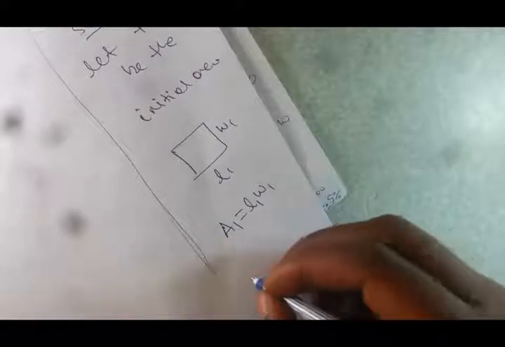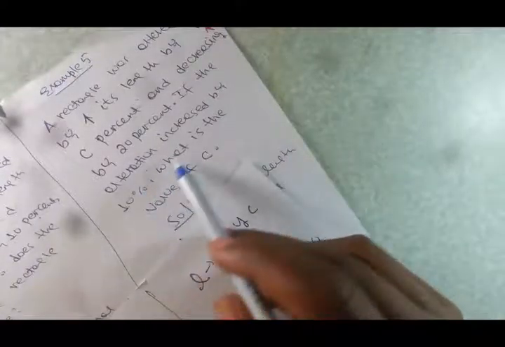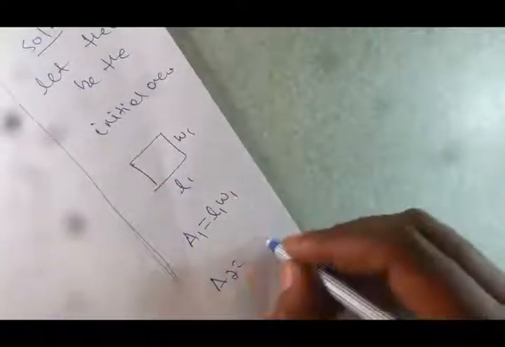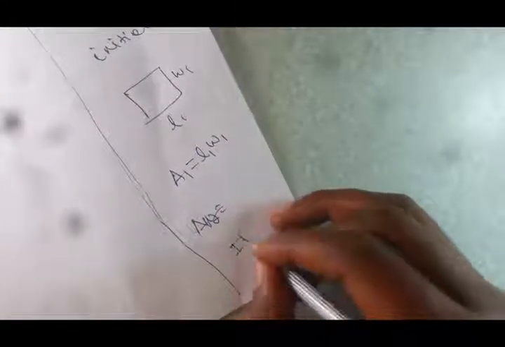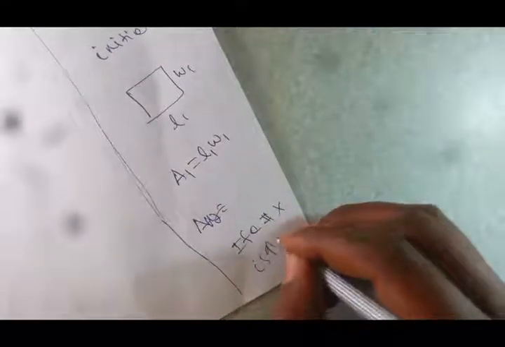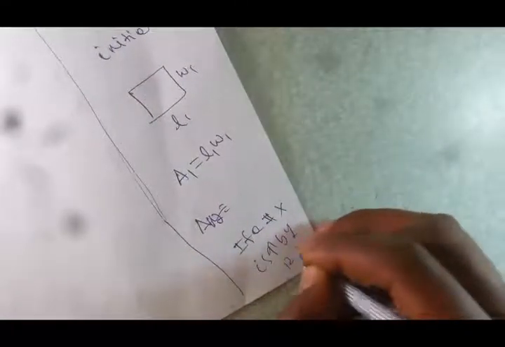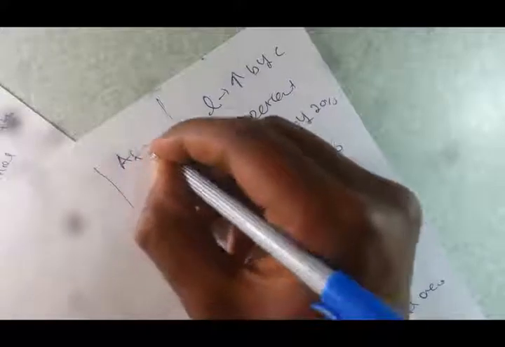And we are given that the alteration increased the area by 10%, that means A2 was increased by 10%. And we know that if a number x is increased by r%, A final will be what?